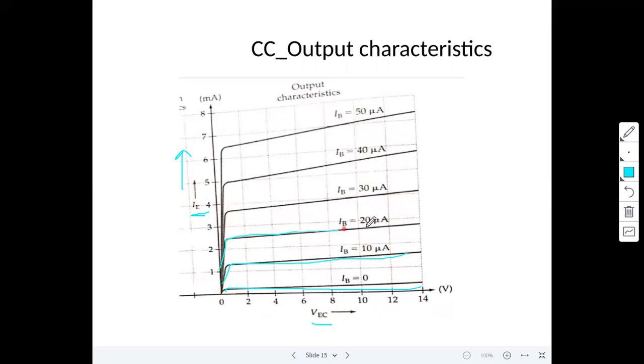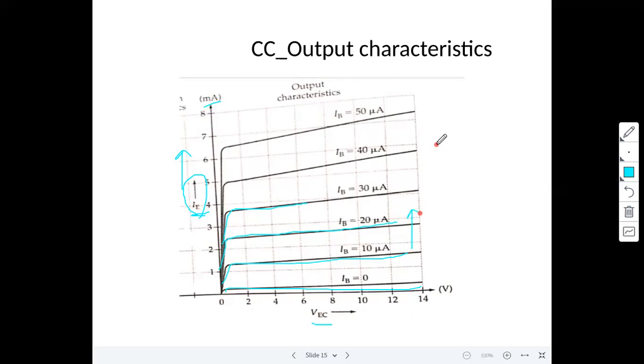Okay, this graph looks similar to the CE configuration as well as the CB configuration. Only one small change here: observe the range. The IE range is milliampere range. The IB range is microampere range.